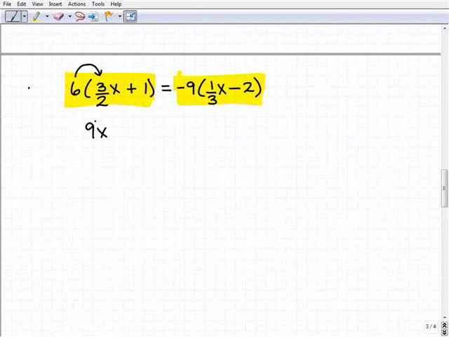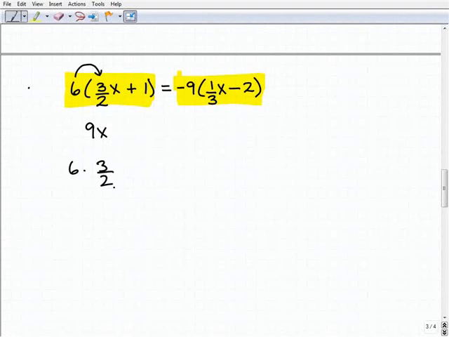Now if you need to do some work and figure out what 6 times 3/2 is, don't do that work right in the middle of where you're going to be showing all your steps. Do that off to the side or on a separate piece of scratch paper. Okay, but all of you hopefully got this to be 9. Okay, if you didn't get 9x, then chances are you probably made a mistake with your fractions. Okay, so this is going to be 9x.